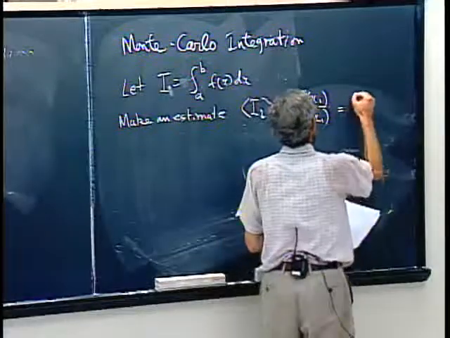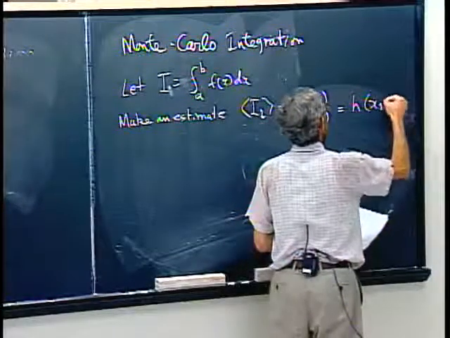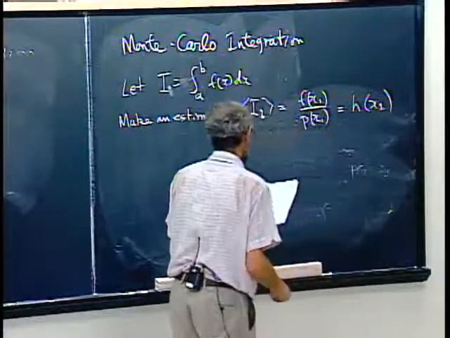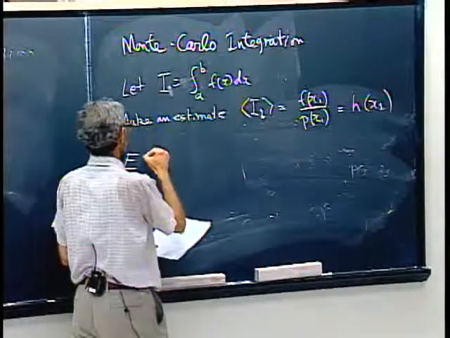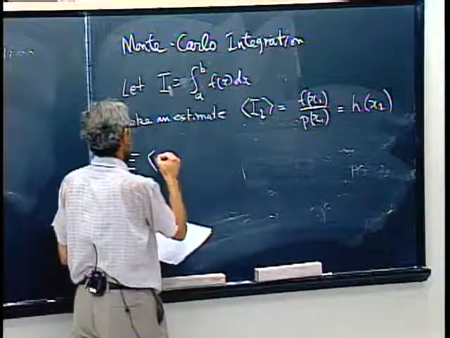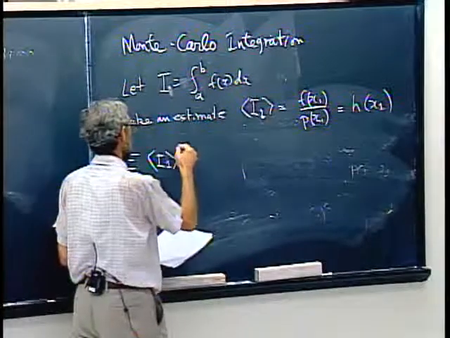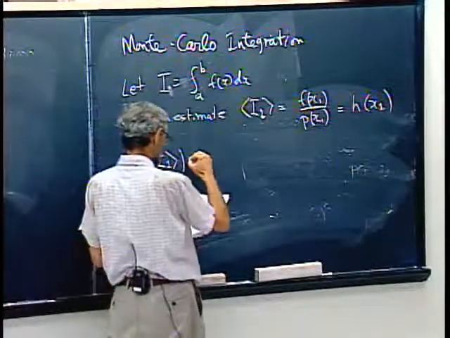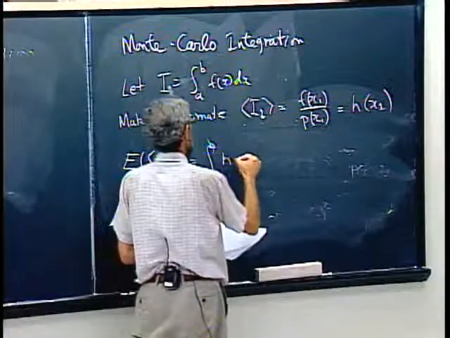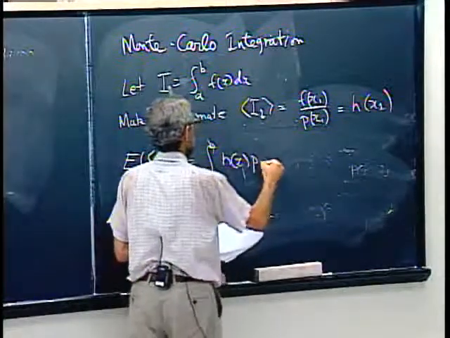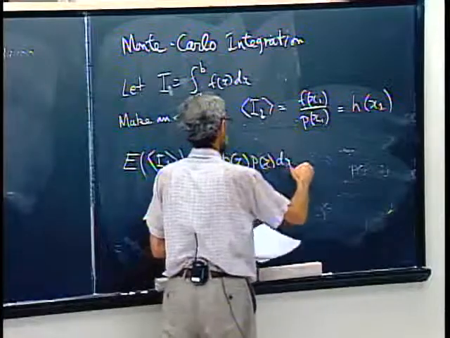And so I'm going to call this a function h of x1. Maybe I should have used g. Then the expectation of this estimate, I1, is the integral from a to b of h of x, p of x, dx.